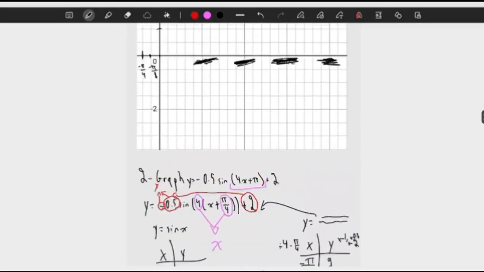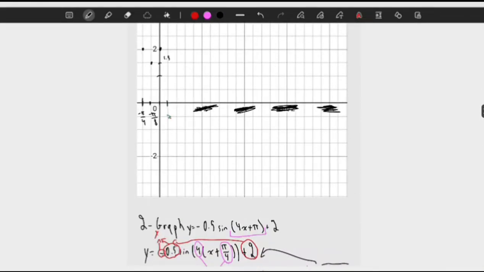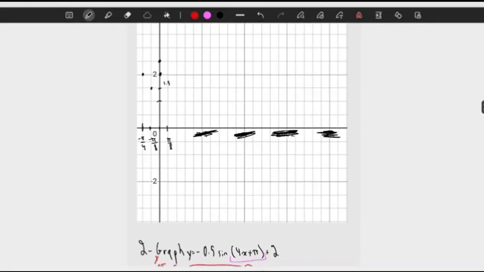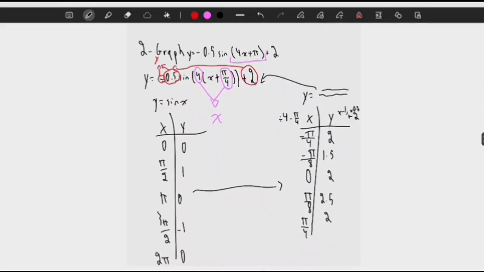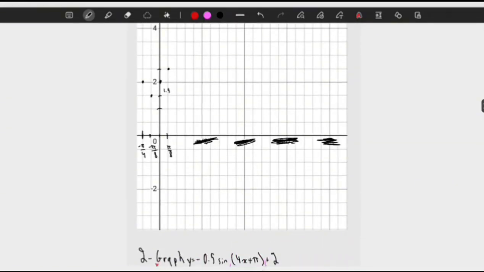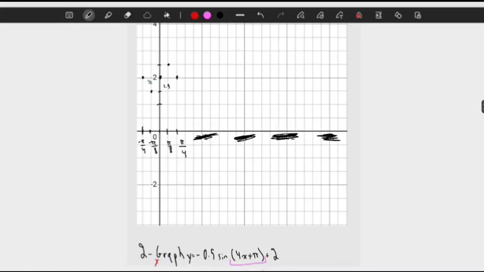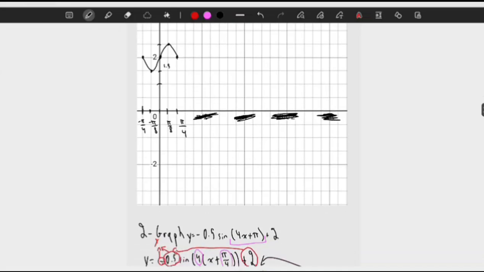And then at pi over 8, we have 2.5, which is going to be up here. And then at pi over 4, we're back down to 2. So this is what our function would look like if we had our scale shaped that way.